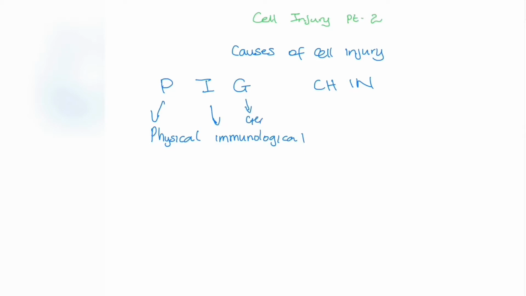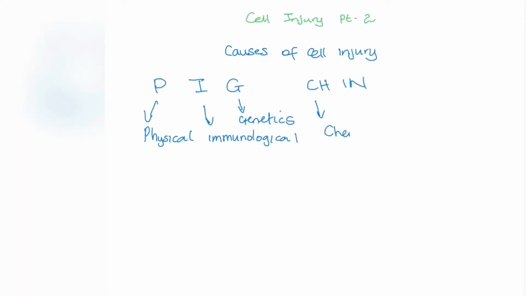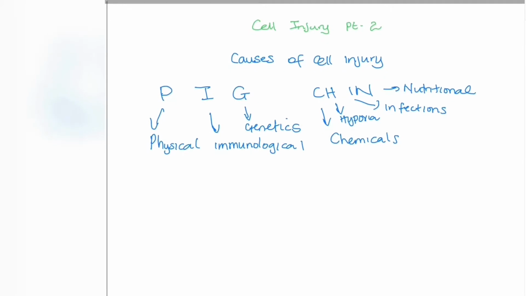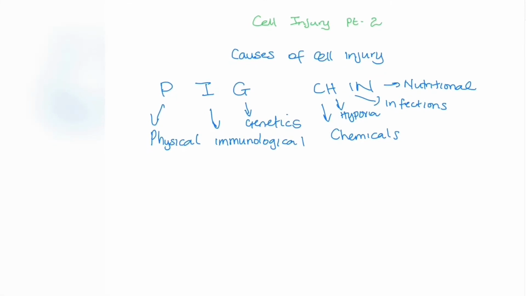P is physical injuries, I is immunological injuries, G is genetic injuries, C is chemical injuries, H is hypoxia, I is infections, and lastly N is nutritional causes of cellular injuries. I hope this mnemonic is also useful for you, and now we're going to look at each of these causes separately.